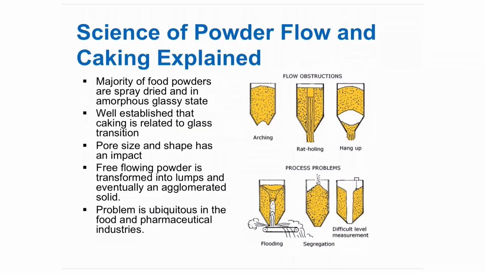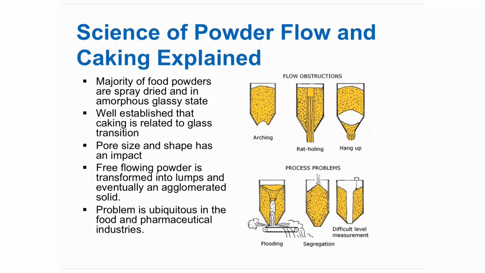And you can have different consequences from that, as shown in the illustration here. One is that you can have interruption of flow. So you have these caking, sticking particles that start to adhere to the sides of the hopper, and they possibly adhere to each other and create an arch, or they could create what's called a rat hole.